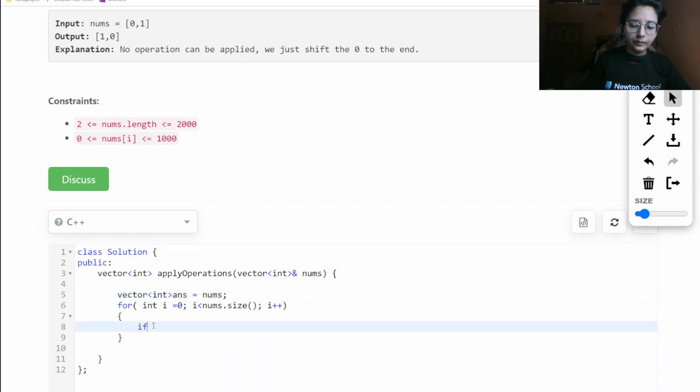Now here we will be checking, and also we are required to mark it minus 1 basically. So we will be checking if answer of i equals answer of i plus 1.